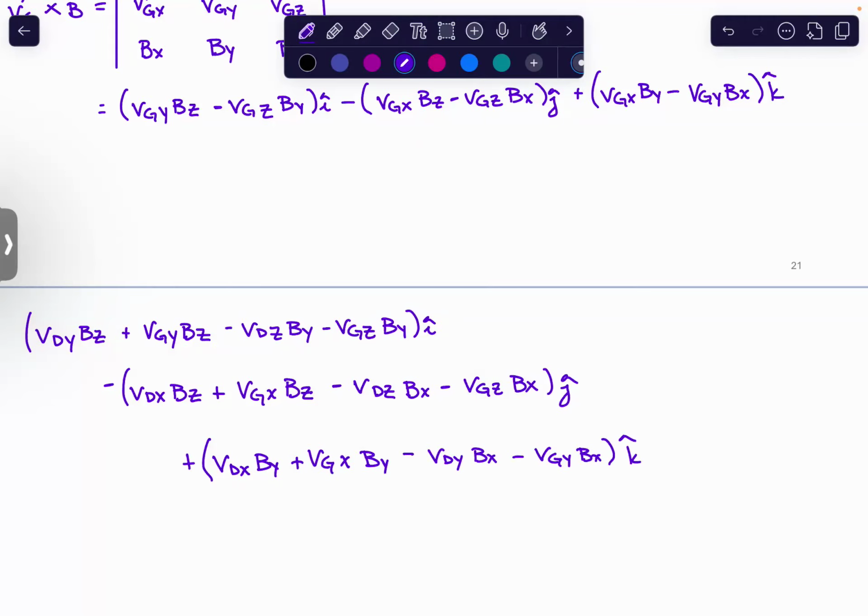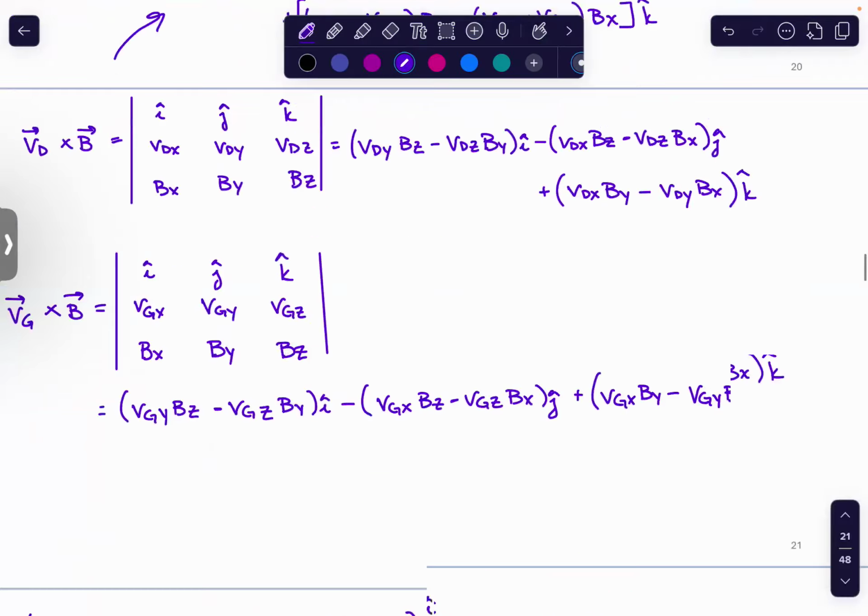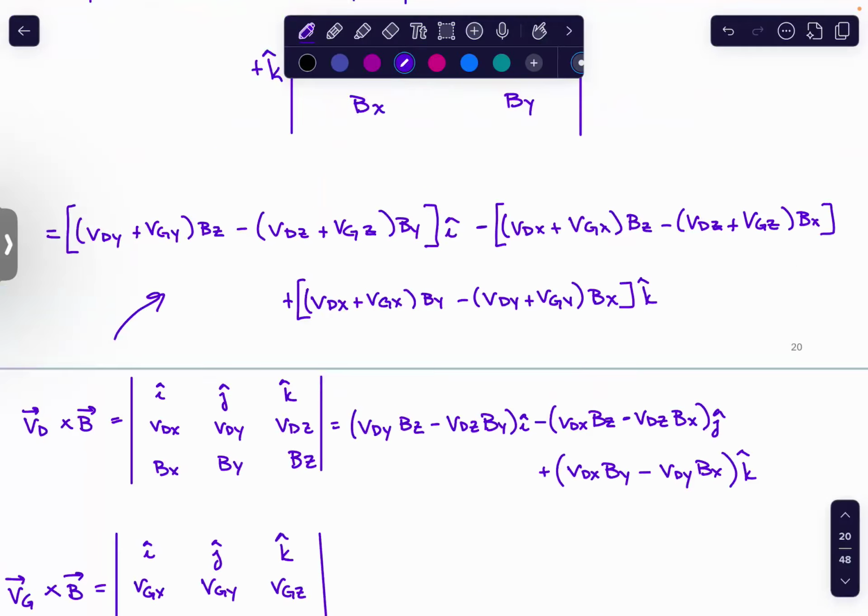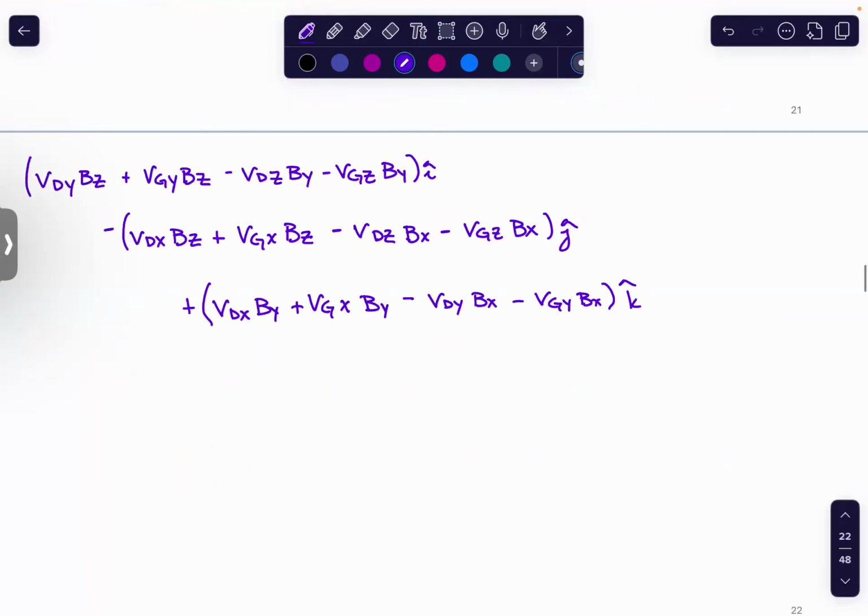And again, if that's confusing, you want to go all the way back up to here. You want to multiply in those B's and then move everything around into single terms, and you'll end up here.